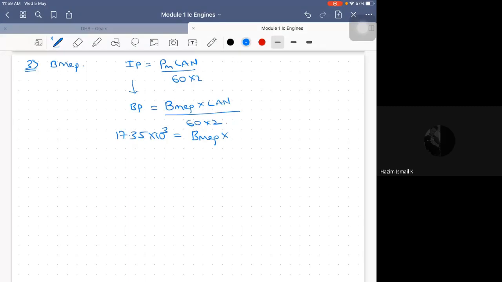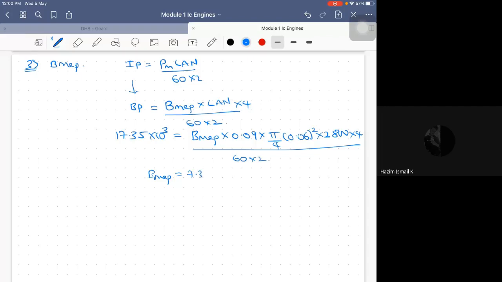L is 0.09, area is pi by 4, 0.06 whole square, cross speed is 2800. And cross 4. Remember to multiply it by 4 divided by 60 cross 2. So if you do so, the brake mean effective pressure would be around 7.3 bar.